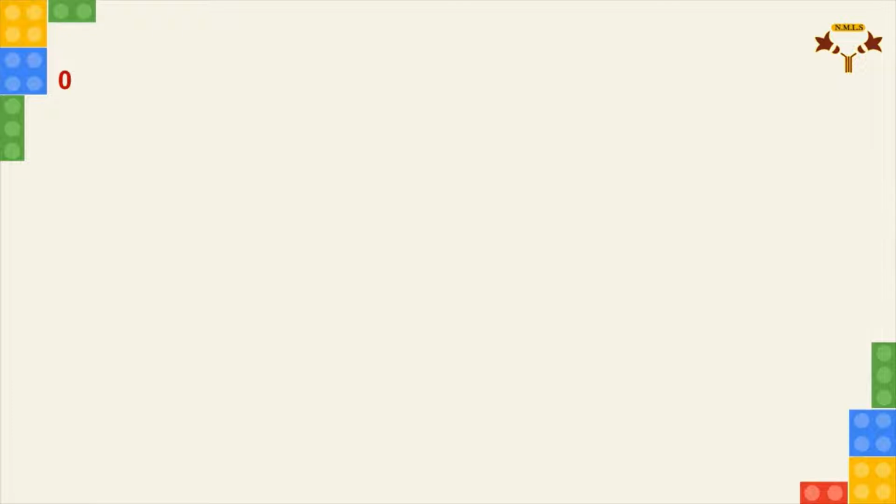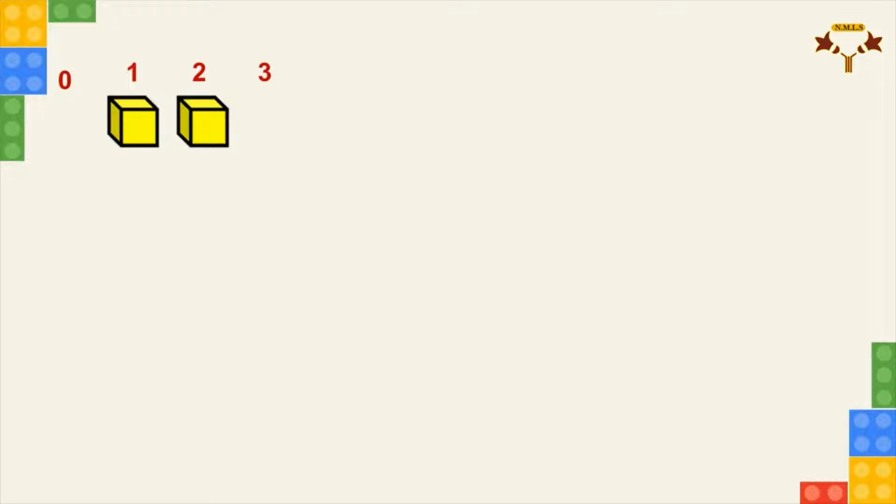If I have the number 0, that means I have nothing. If I have the number 1 and I want to represent it by a square, the symbol for number 1 will be a square. Number 2 will be 2 squares, and so on.